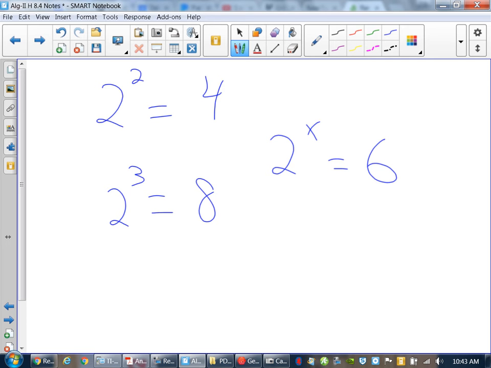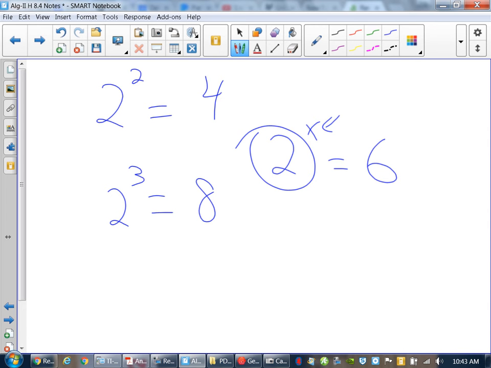Because what happens here is that this 2 is going to be called a base. Okay? The value of 2 will be called a base, and obviously this x is going to be called an exponent. So logarithms deal with bases and exponents. So we wind up with what's called logarithmic form and exponential form.